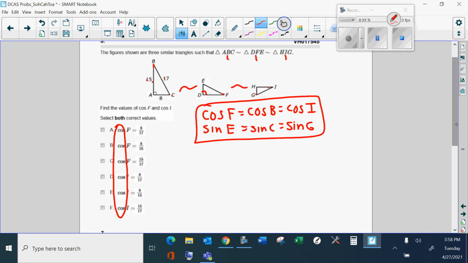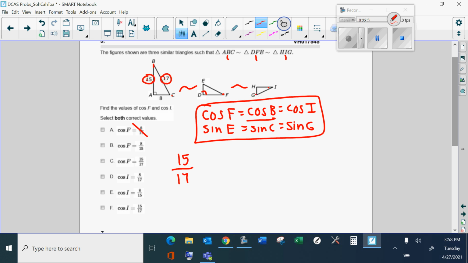Okay. So cosine of F. F goes along with the cosine of B. The cosine of B is 15 over 17. So we're looking for it to be 15 over 17. Okay.